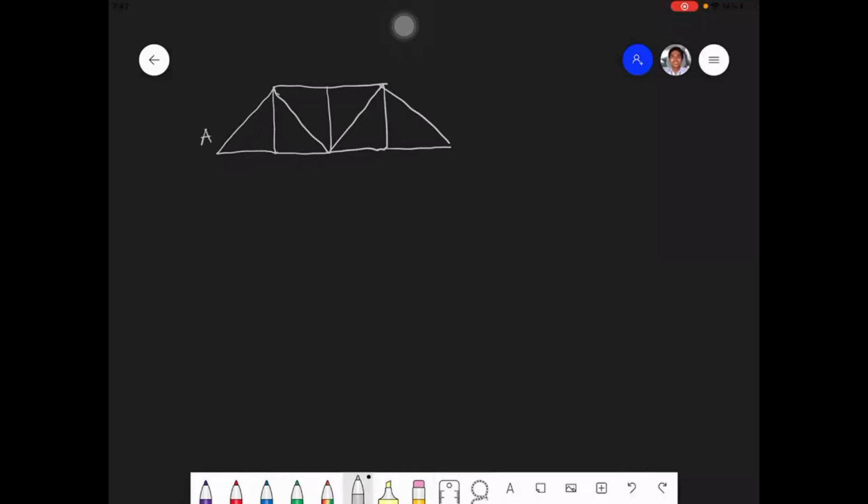And we have here points A, B, C, D, E, F, G, and H. Okay, we have supports at A and H, given the reactions there.